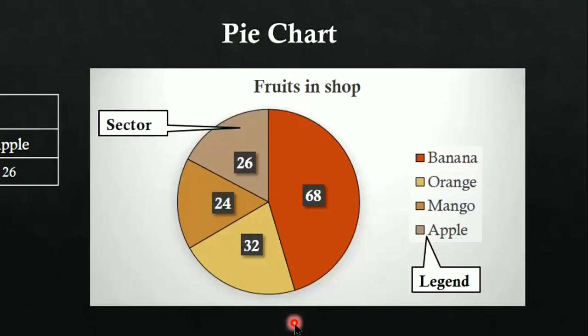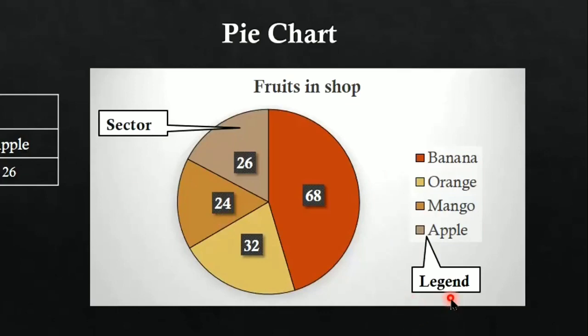Here the specific value is represented as a number. You can see this specific value is 68 for banana. Next one, 32, is orange, 24 is mango, and 26 is apple. Such a representation is called a pie chart. In this pie chart you can add the legend.